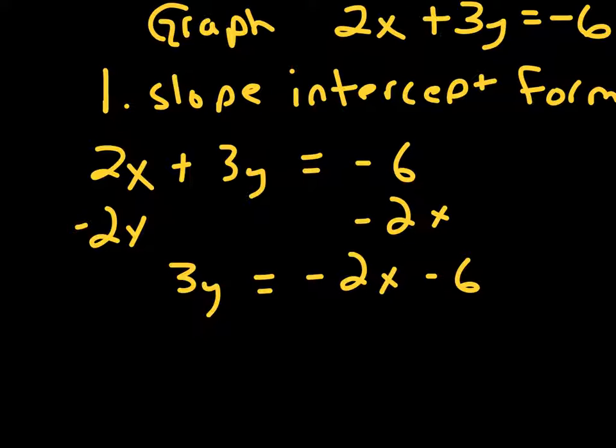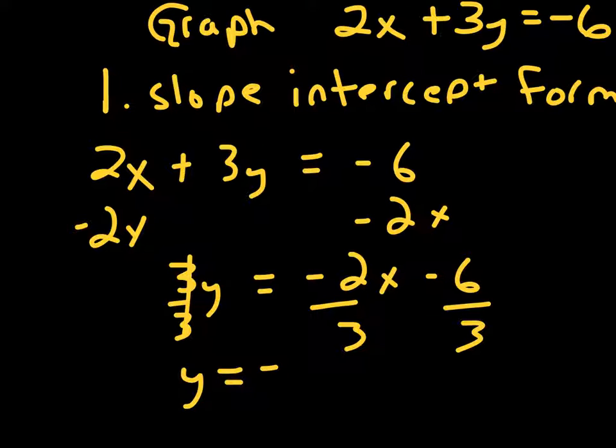So just like we do in other equations, we're going to divide by 3. So divide this side by 3, and divide this by 3, and divide this by 3. I'm left with y equals negative 2 over 3x. That cannot be reduced anymore. But if you'll notice, negative 6 over 3 can be reduced.